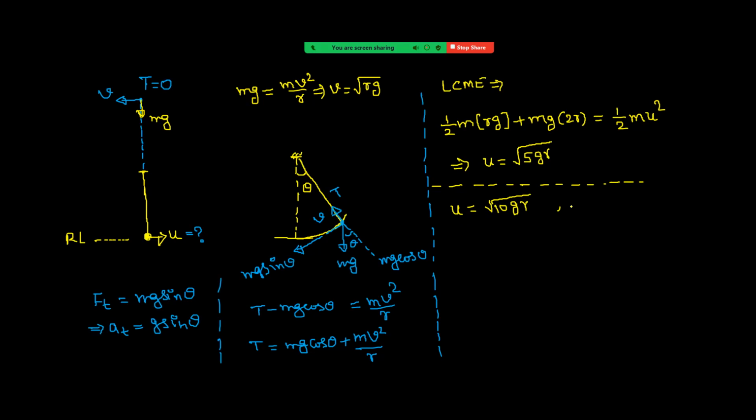Question is, find the velocity when theta equals 90 and theta equals 180. Also find the tension for those angles.